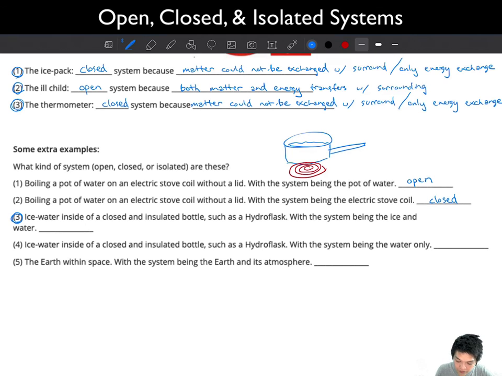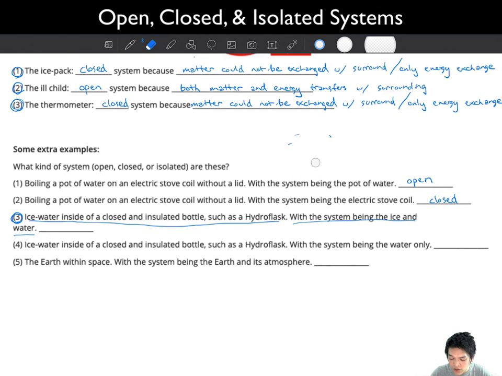Number 3. Ice water inside a closed and insulated bottle, such as a hydro flask, with the system being the ice and water. My mistake. The system is the ice and the water. So I'm going to draw a real quick picture of this. We've got a hydro flask. Hopefully you know what that is. It's a container that's really good at keeping things cold and keeping things hot, basically.